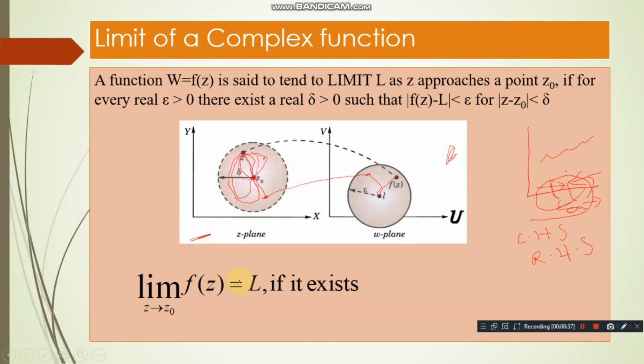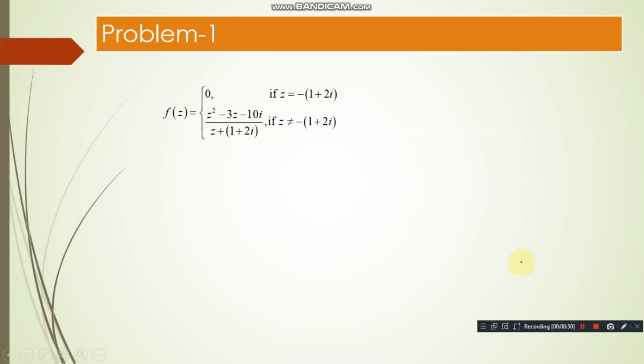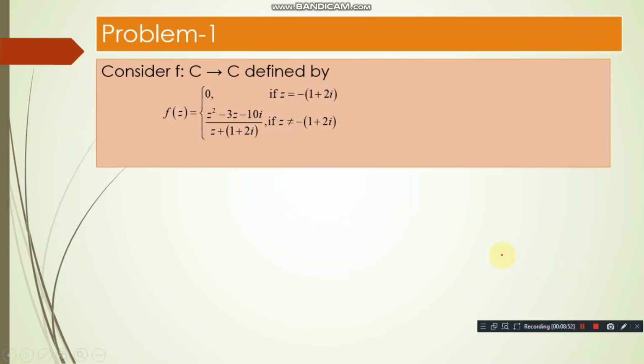Mathematically, as we define for real functions, limit of f of z as z tends to z0 is equal to L. This is the same notation we use to represent the limit of a complex function. Now let us take one problem. How do you find the limit of this? Here is a function mapping from complex to complex, defined like this, f of z.